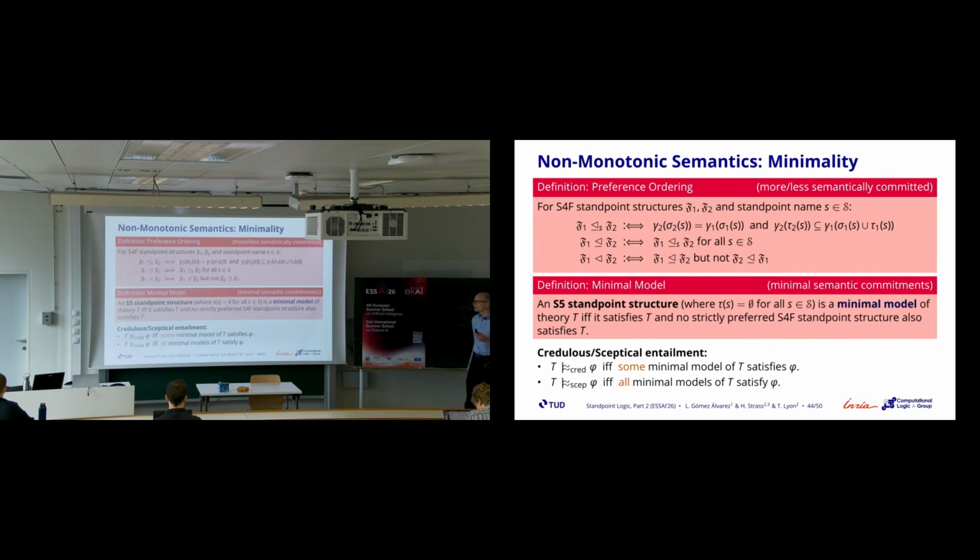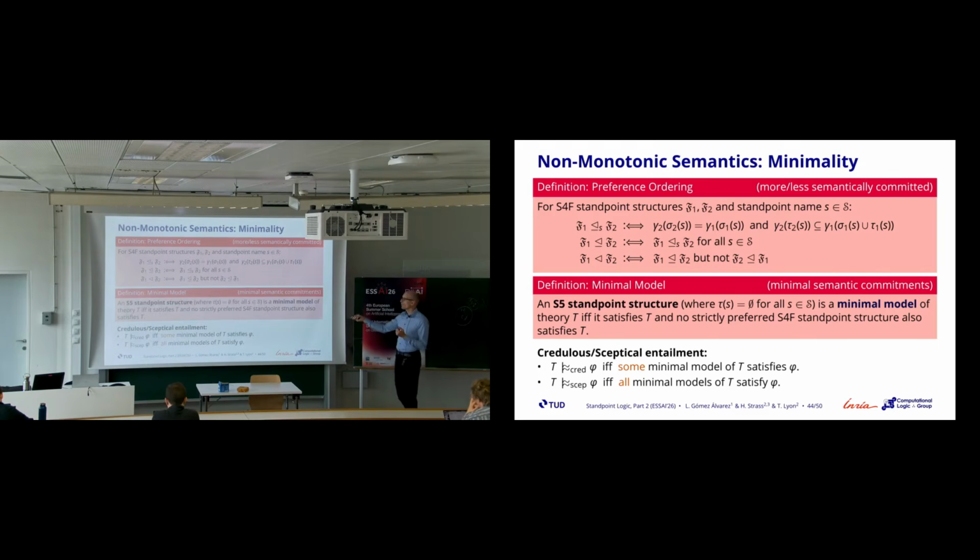And then we can use this preference ordering to define the notion of minimal model. And the intuition here is that we want to have models that have minimal semantic commitments. Right? So the idea is that the models commit to certain things only if they absolutely have to in order to satisfy the knowledge base. Right? That's the general idea. And again, like we had it in plain S4F, the minimal models must be S5 structures, so there must not be outer worlds in any of the standpoints.